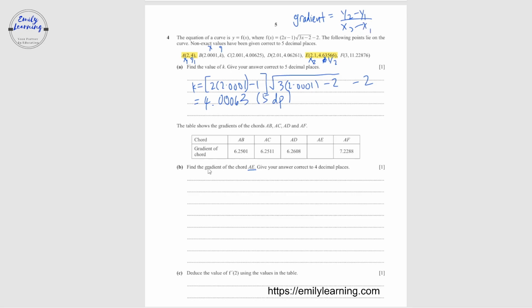So let's do it. So we have gradient of chord AE, so it's equal to this: 4.63566 minus 4 over 2.1 minus 2.